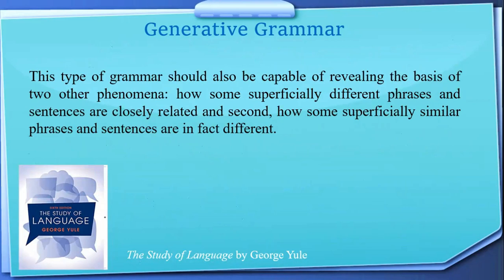So generative grammar reveals how we form so many phrases which are related and so many phrases which are different. These similarities and differences come from the set of rules of a language.